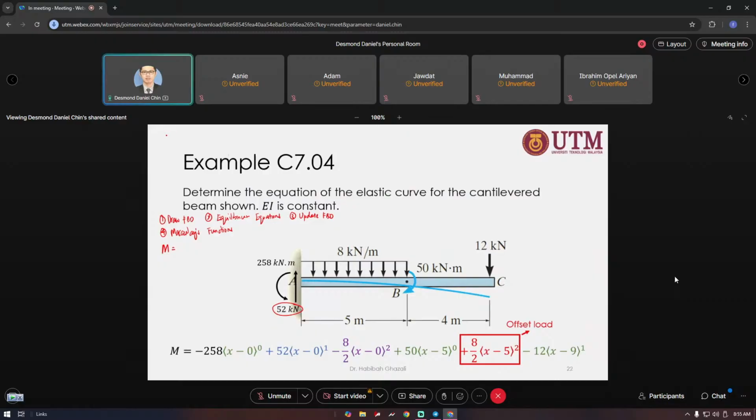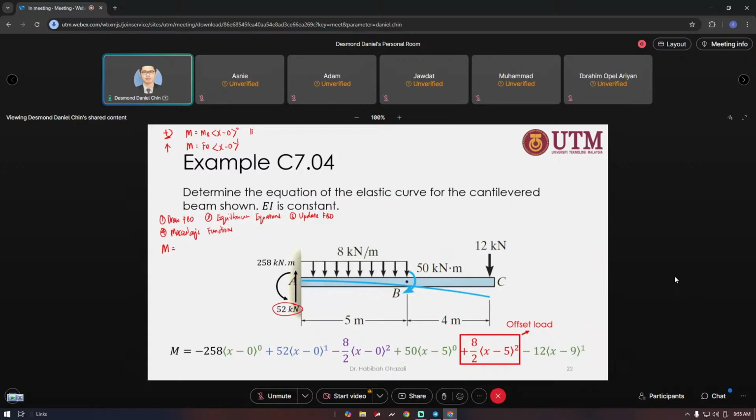So for moment, it must be clockwise, right? The direction. And then the equation will be M equals to M bracket x minus a to the power 0, isn't it? It is very easy to remember. For a point load, it must be pointing outward. So M equals to F bracket x minus a to the power of 1. You can see the increment of power.